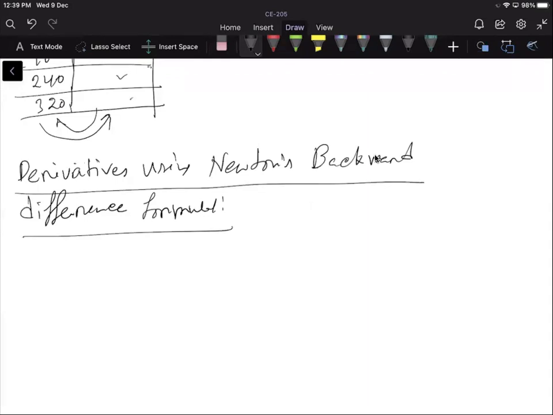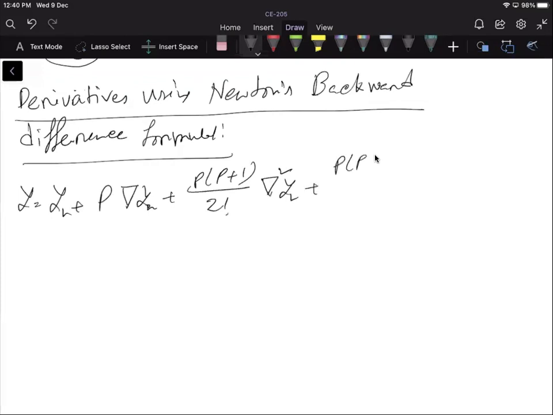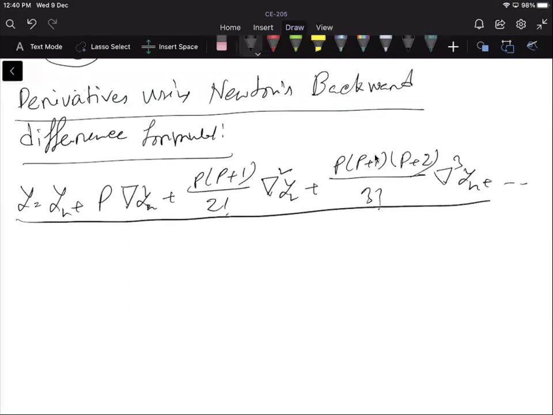The backward difference formula is also known to you. y is equal to yn plus p nabla yn plus p into p plus 1 by 2 factorial nabla square yn, plus p into p plus 1 into p plus 2 by 3 factorial nabla cube yn, plus dot dot. So this equation is already known to you when you are going to solve for Newton's backward interpolation.